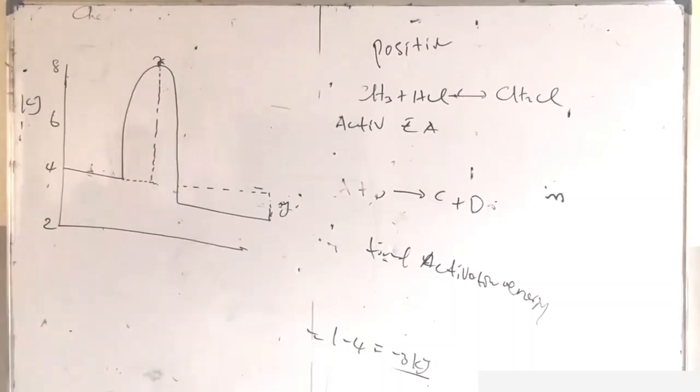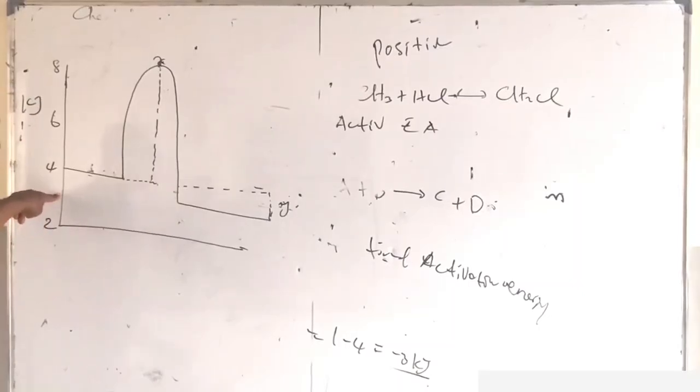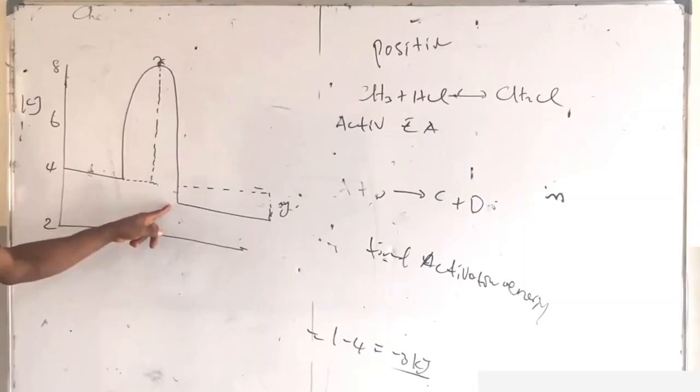Is it 1? Yes. This is 2, this is 4. Look at this diagram here. 3 should be here now, not 2 but 1. So 3 minus 4, product minus reactant, gives minus 1.